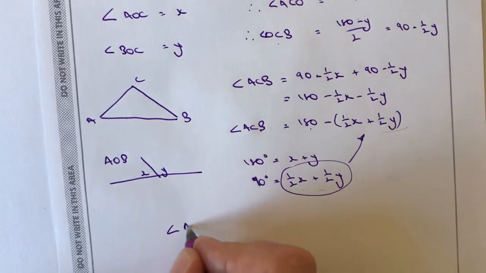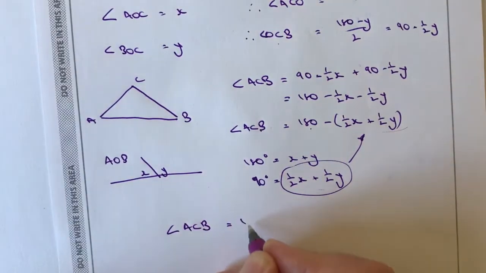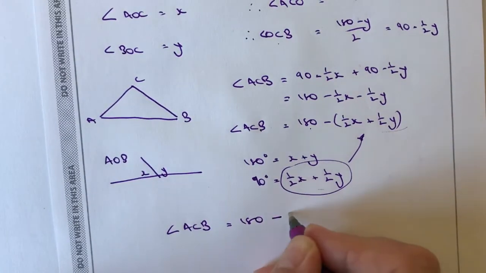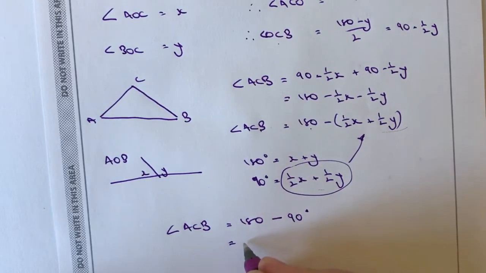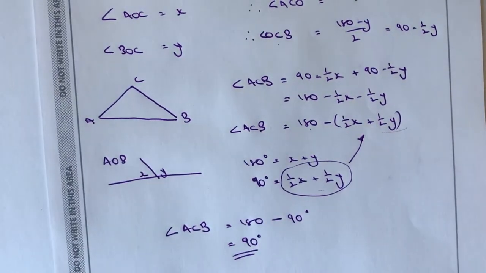Angle ACB equals 180 minus 90 degrees, so therefore it must be 90 degrees. Quite a tough one at that point, very difficult to get your head around, but it is worthwhile doing because they do crop up a lot on these types of questions.